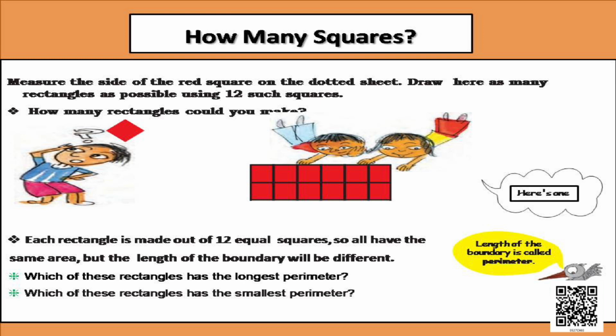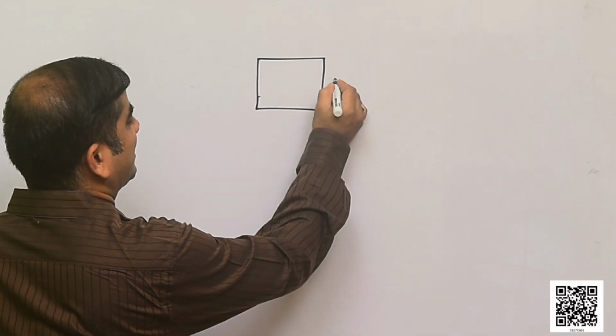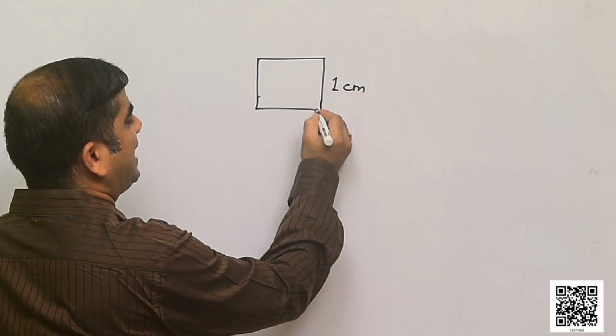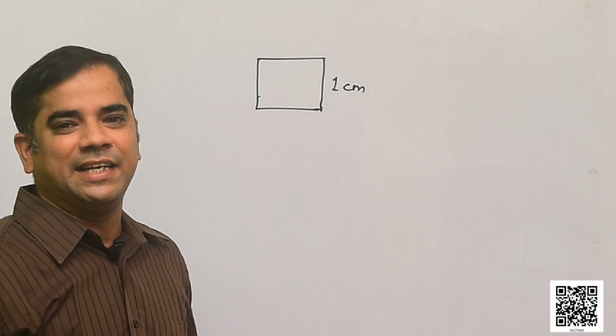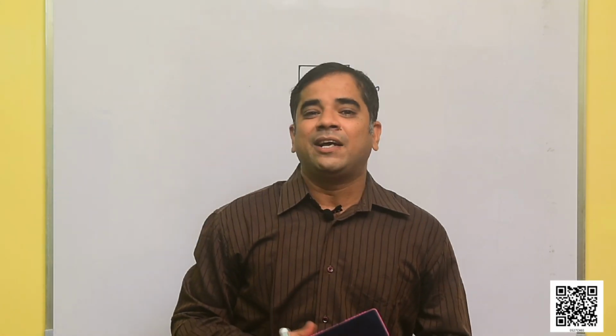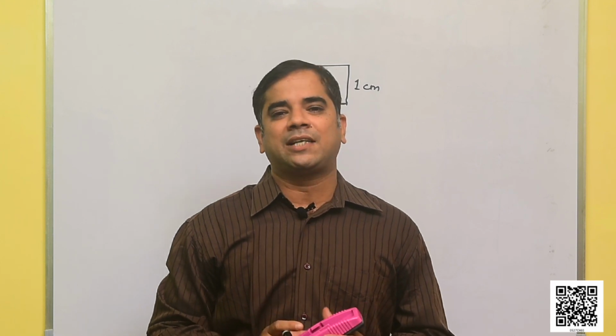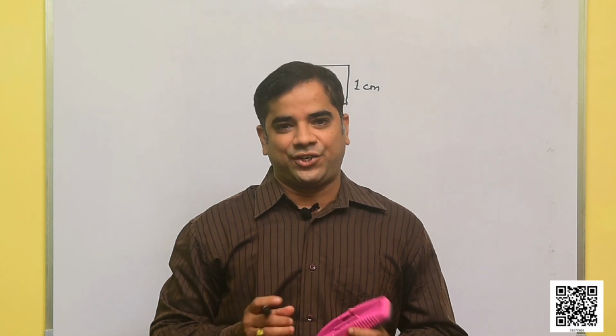So this square, the smaller one, is a square having a side of 1 centimeter each. All other squares are not drawn but they are dotted. So we can draw as many squares as we wish.